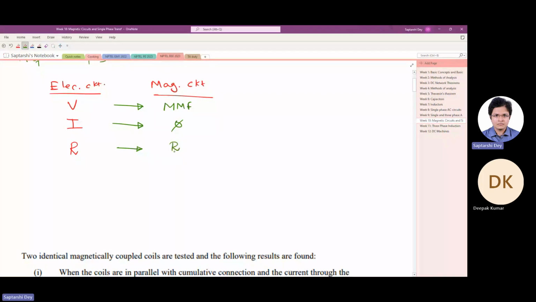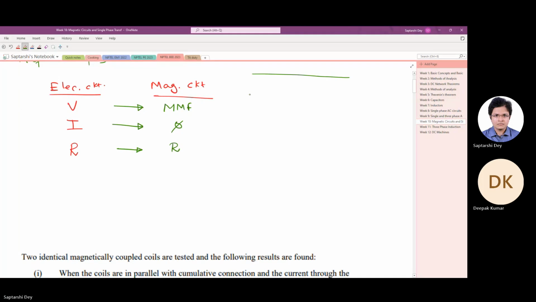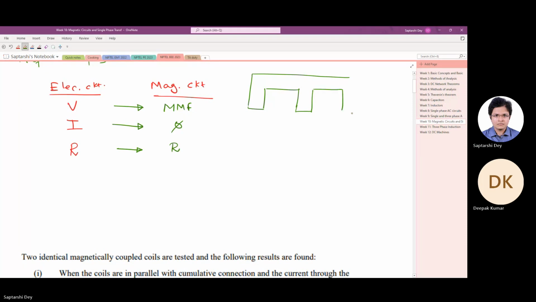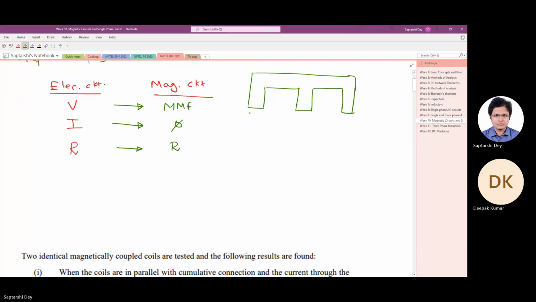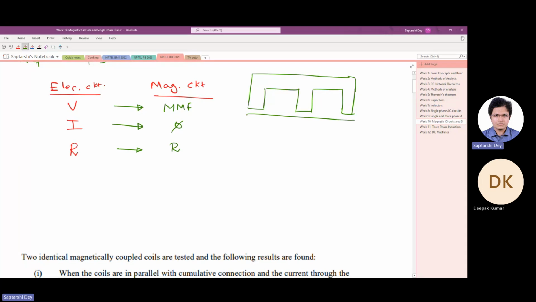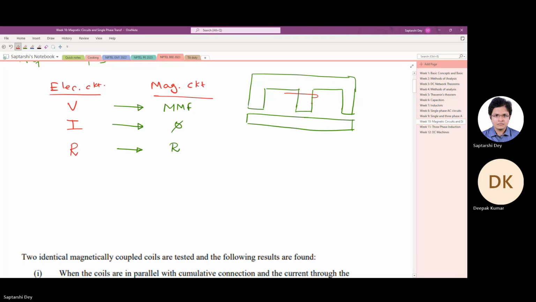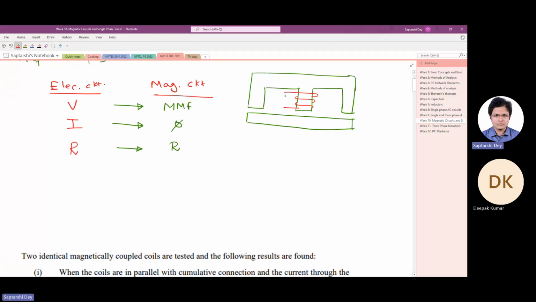Now, say if you have a magnetic circuit like this, some magnetic circuit like this, there is an air gap and one more iron piece is here, and say there is one coil which is connected here in this fashion.